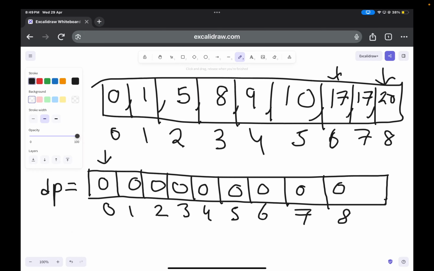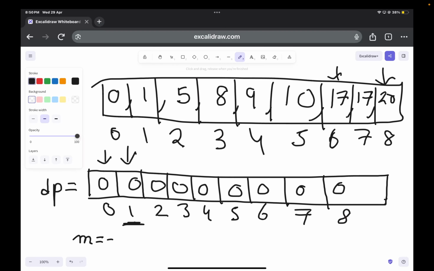Next, from 1 we can start traversing. Everyone observe properly, it is a little confusing. First of all, I will start from 1. My length is 1. Now for my max value, I will set a temporary value. You can take any number, but take it as low as possible.